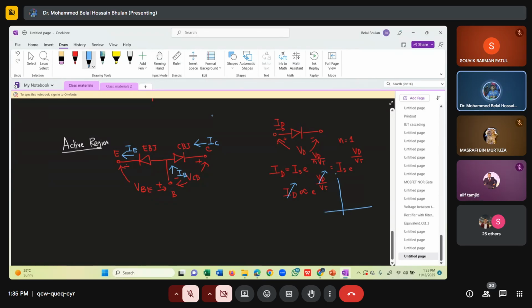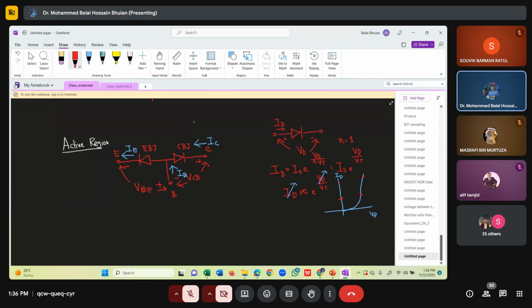This is the IV characteristic of the diode, ID versus VD. If you change VD, you get a different ID. So ID is proportional to e to the power VD over VT.